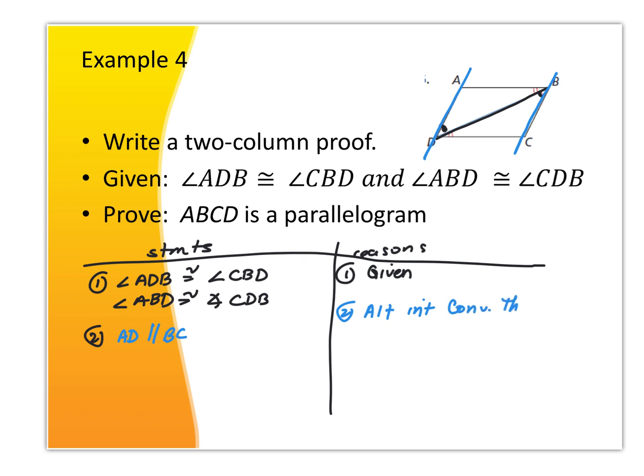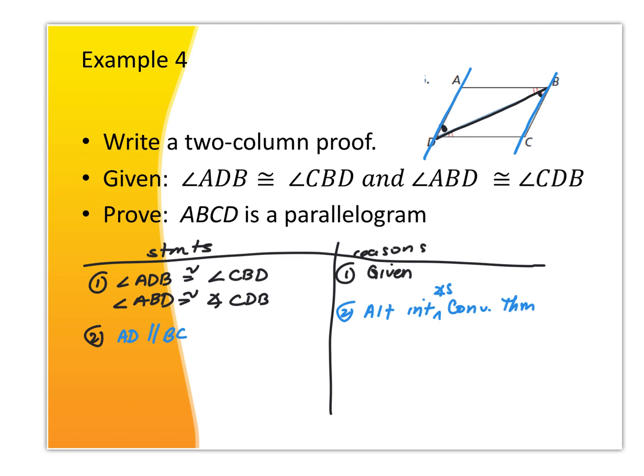If you remember, you originally learned the alternate interior angles theorem, which said that if you had two parallel lines crossed by a transversal, the alternate interior angles would be congruent. Then we learned the converse to that, which said if two alternate interior angles are congruent, then the lines must be parallel. And so the alternate interior angles converse theorem allows me to prove that the two lines are parallel.